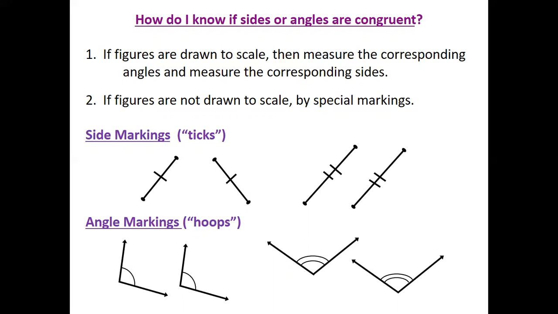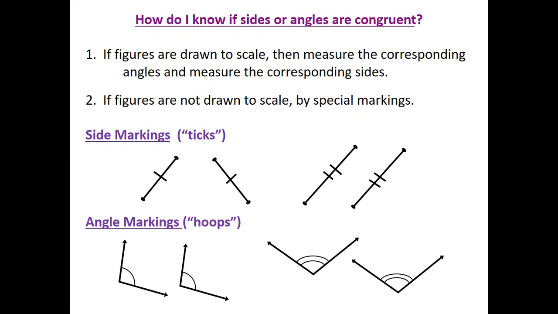But what if the figures are not drawn to scale? Then we have to recognize congruence by markings. When we look at the two shapes, on your left hand or your right hand, you have two sides. Sometimes we put one tick like this or two ticks like this, but in the end we are talking about the same meaning: they are congruent and have the same length.